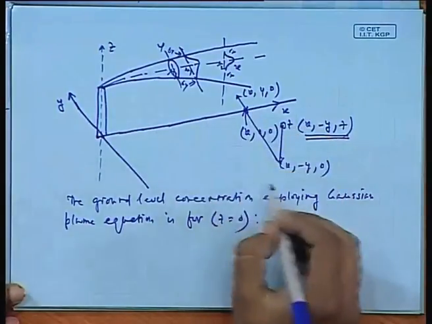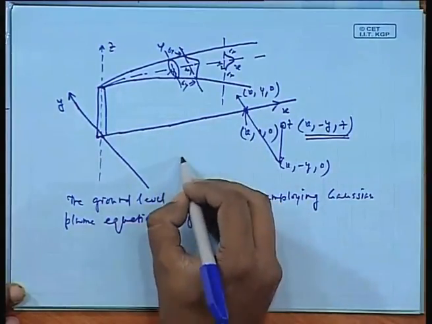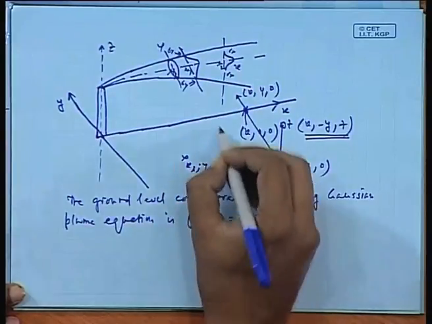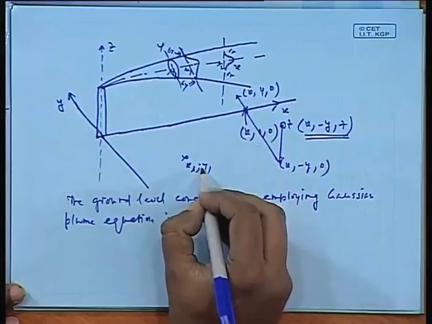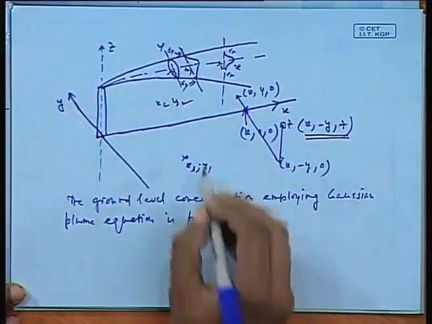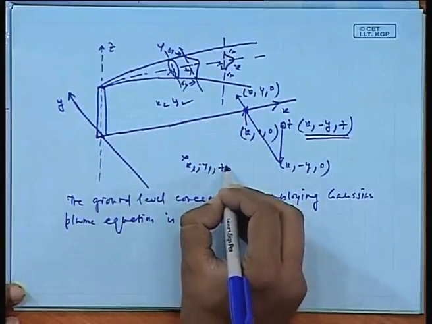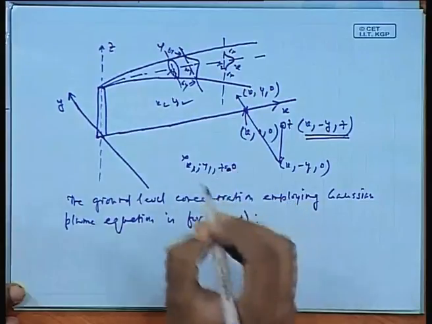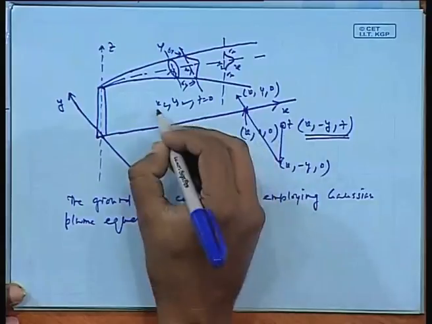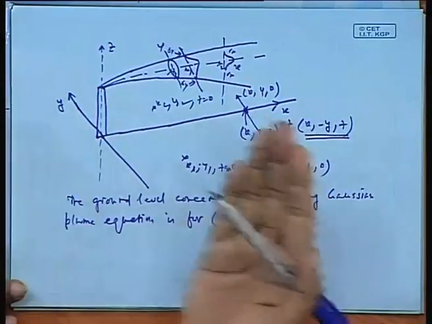What I mean to say is, in between this x and y, here is x1, y1, say x1 minus y1, or x2, y2 here, but z is equal to 0. So the concentration at this point is all ground level concentration, only ground level concentration.